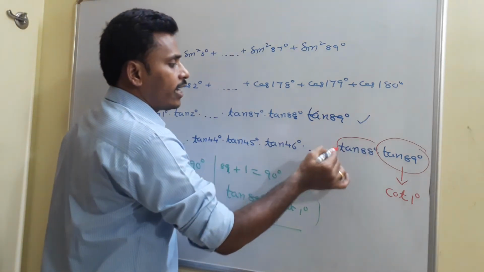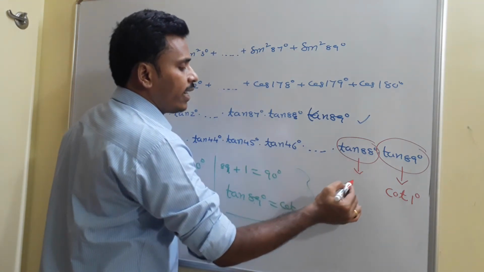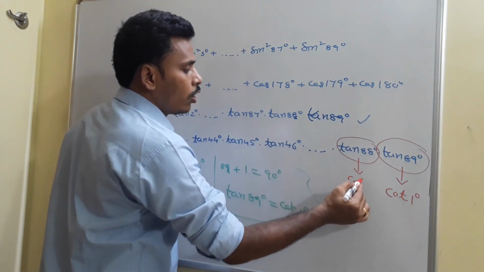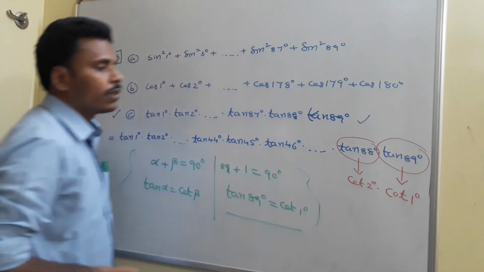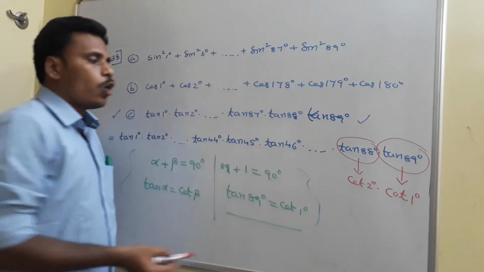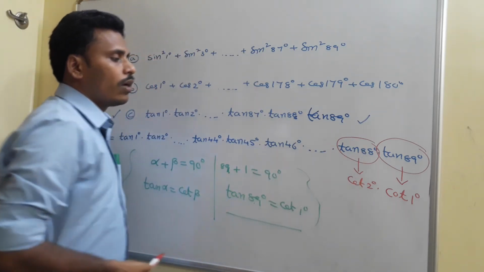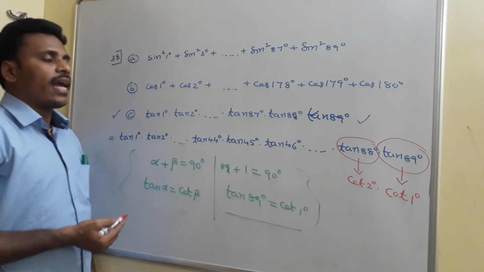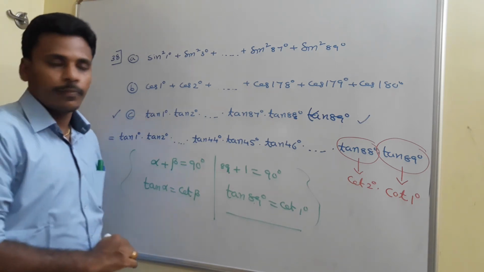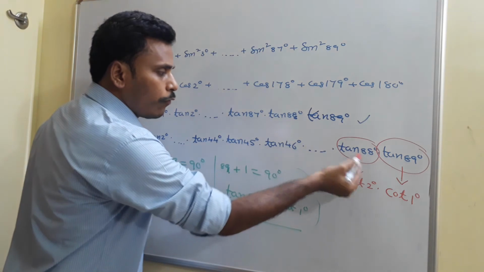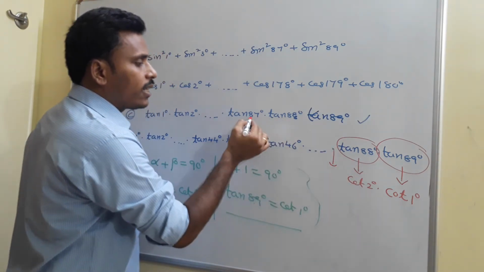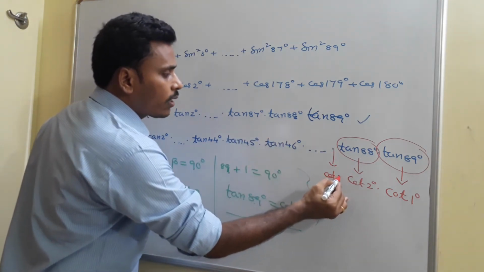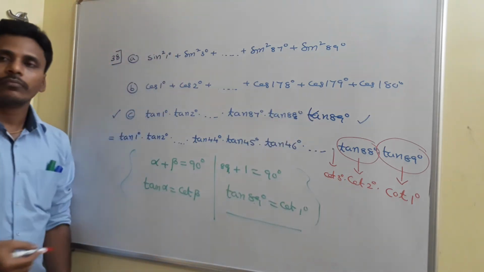Not only that, I can also identify this tan 88 as cot 2 degrees. Is there anything wrong? Nothing wrong. With the same logic, look at the angles 88 and 2. The summation is 90. That's why tan 88 is cot 2 degrees. And before this tan 88, what we have is tan 87, and it is nothing but cot 3 degrees.